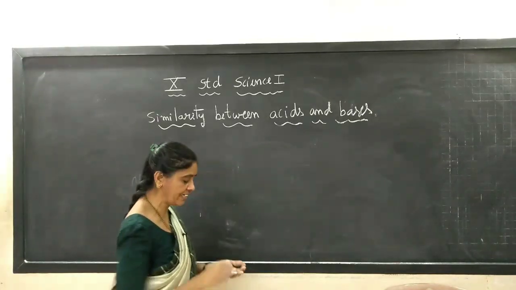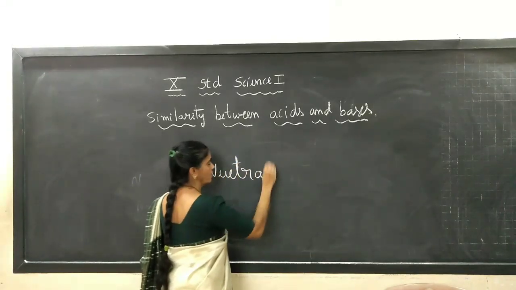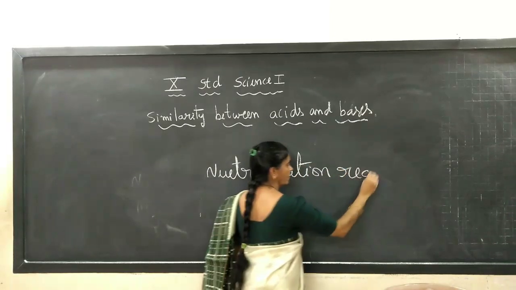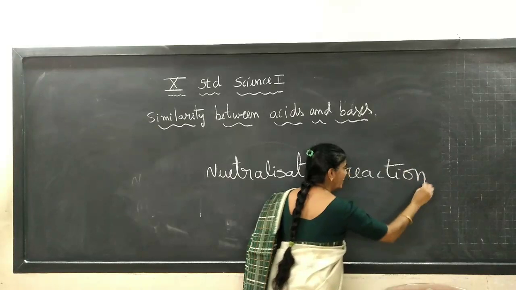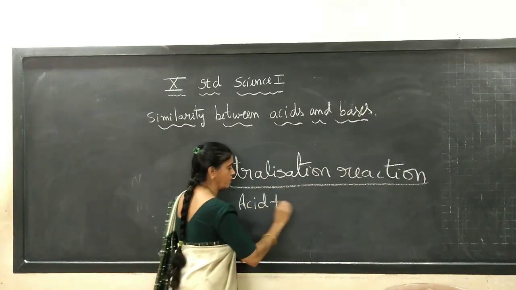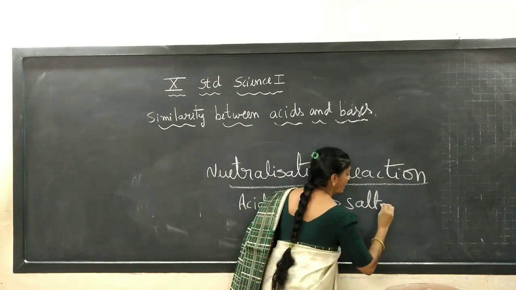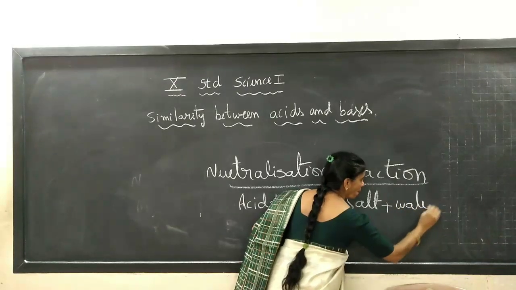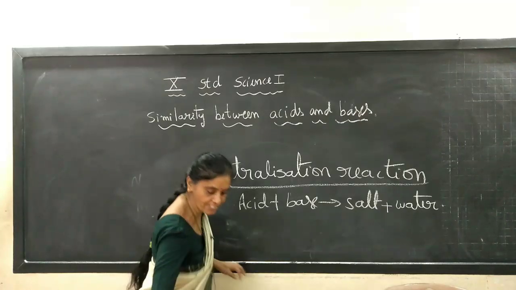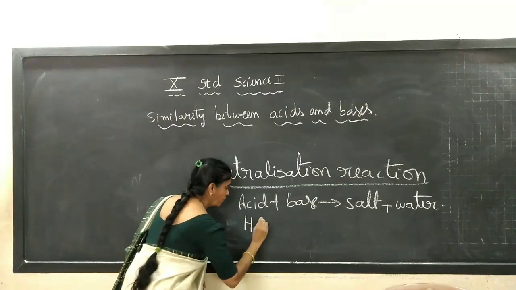We call it a neutralization reaction. Neutralization reaction is the reaction when acid reacts with the base, acid plus base, producing salt and water, because both are opposite in nature. One will nullify the effect of the other, and as a result we get salt and water.